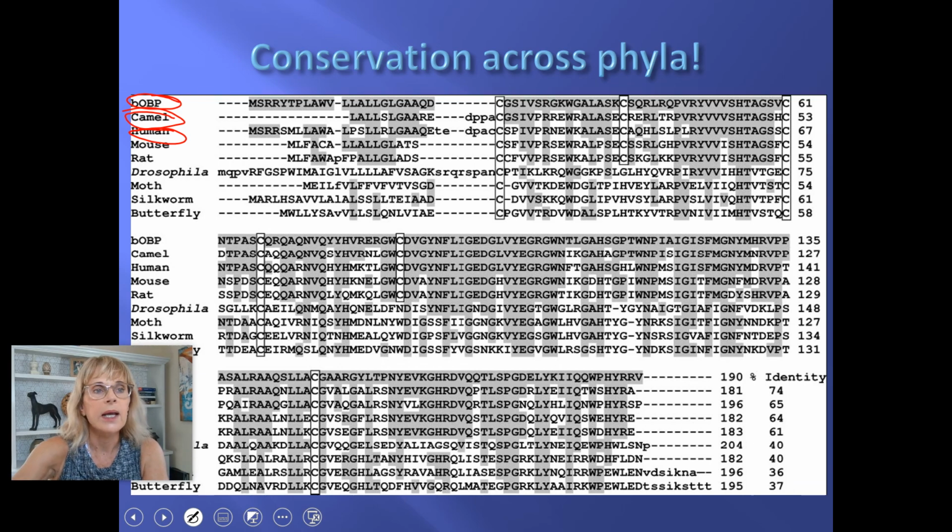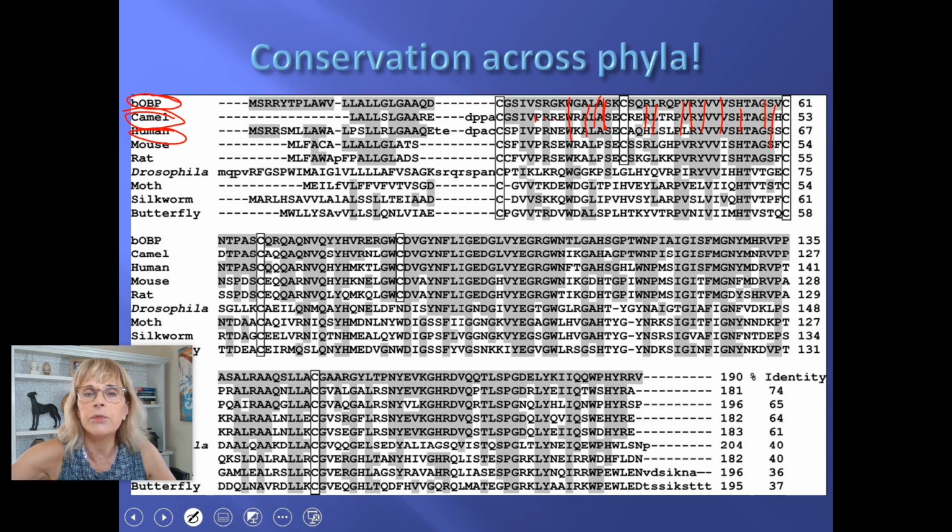Now, if we look at cow, camel, human, we can see that, oh, that particular amino acid is different. That one's different. All of the ones that are gray are identical between cow, camel, and human, okay? This particular gene is also found in insects.